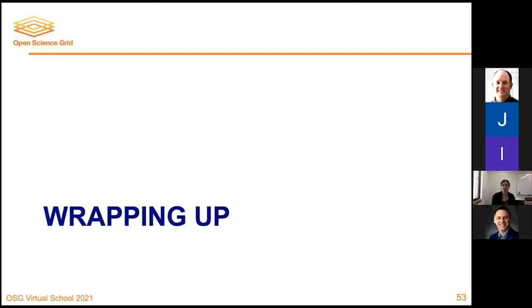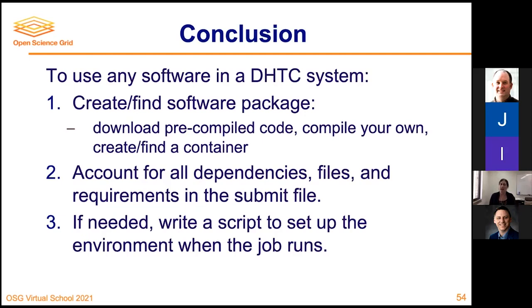Okay, so to pull all those pieces together, again, our goal is to run lots of jobs in lots of places. So to use software in a system that's distributed, we don't own, and to use as much of it as possible, we want to make our software portable. How do we do that?